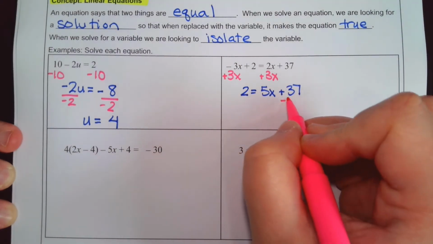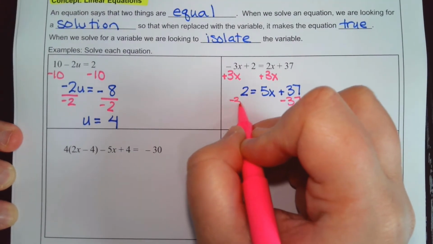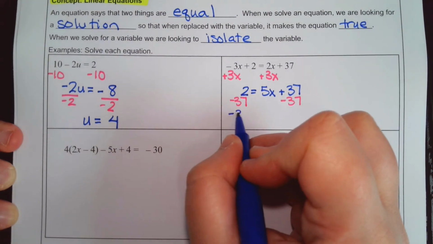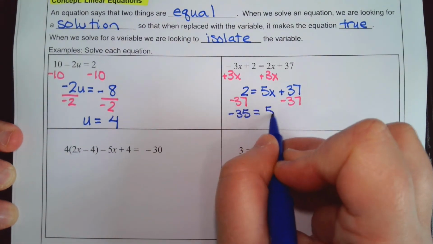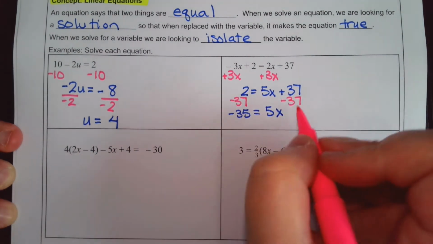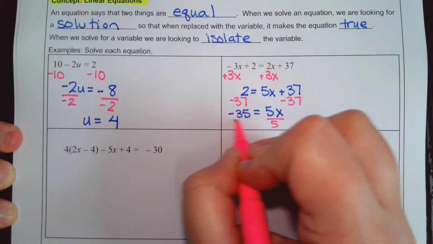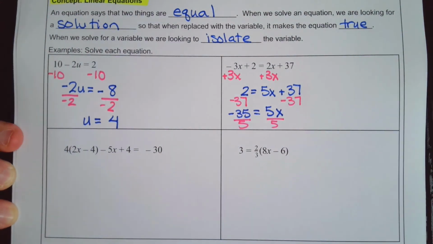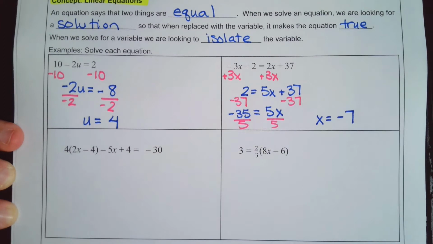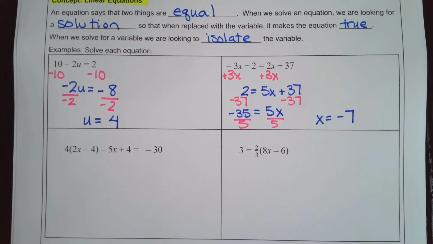Next, I'm going to subtract 37 from both sides. And we're left with negative 35 is equal to 5x. And our last step, divide by 5. And we get x is equal to negative 7.